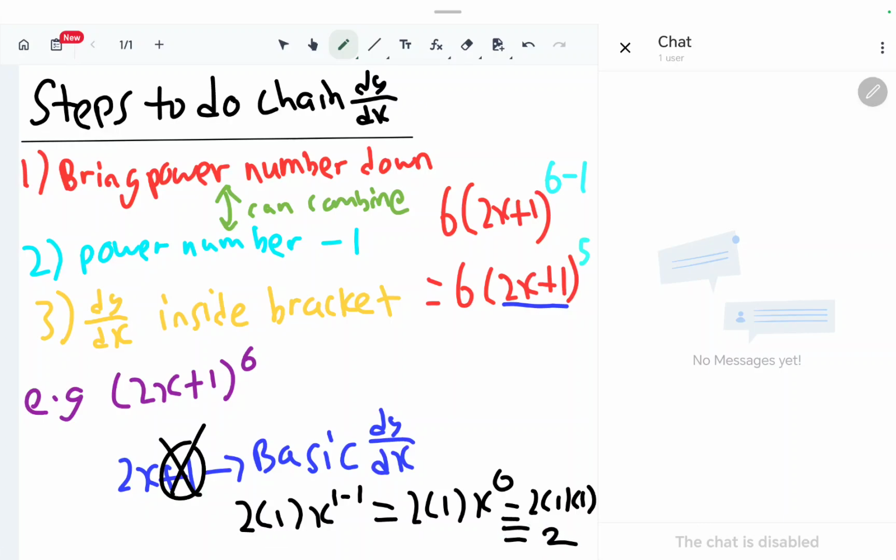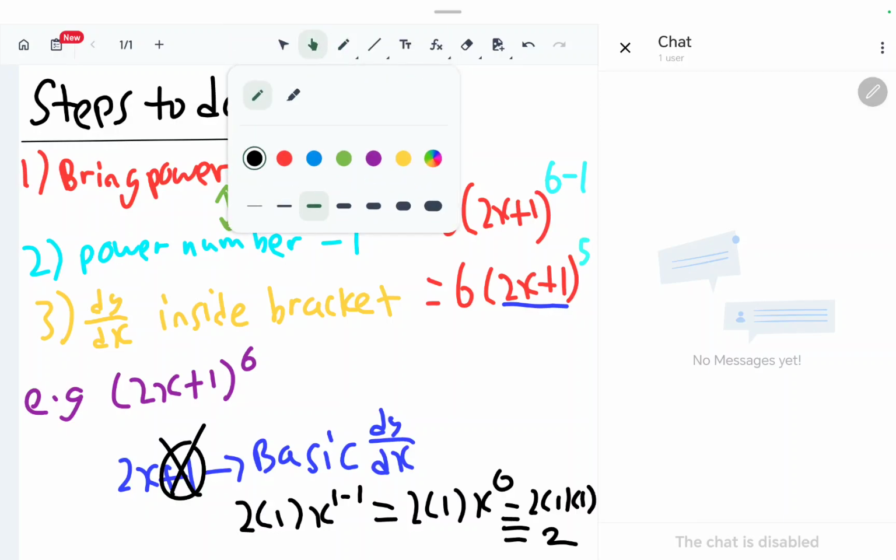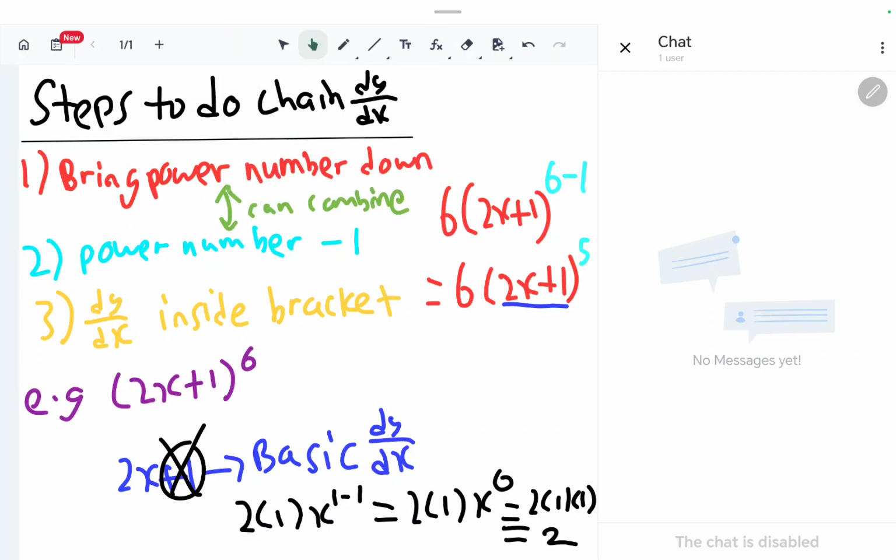Therefore we can say that our answer, dy dx, is 6 bracket 2x plus 1 to the power of 5, and I need to add one more, so differentiate the inside bracket. So add the differentiated one, which is a 2.